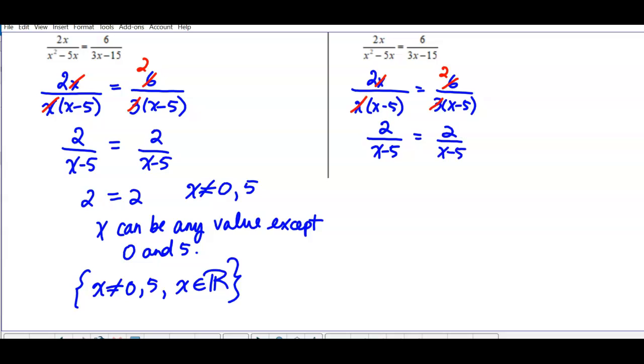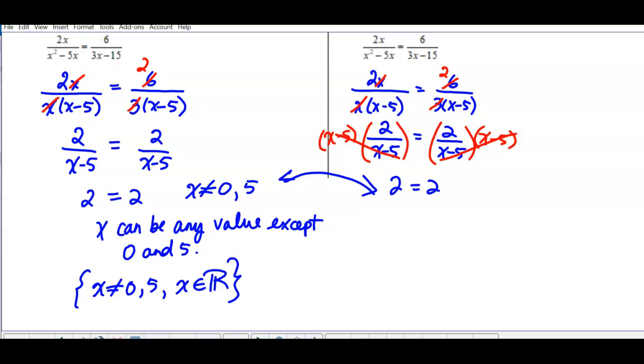Really, would you bother showing multiplying through? Not really. Hopefully you can see that they're exactly the same. But your common denominator now is x minus 5. So those divide out, and you get 2 equals 2. Alright? So really, it's the same steps.